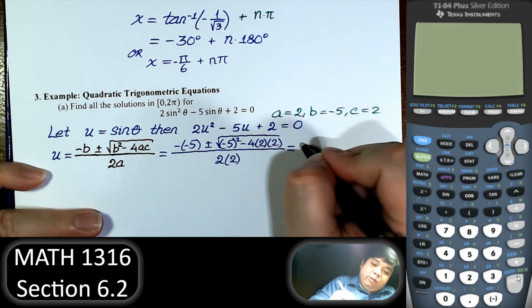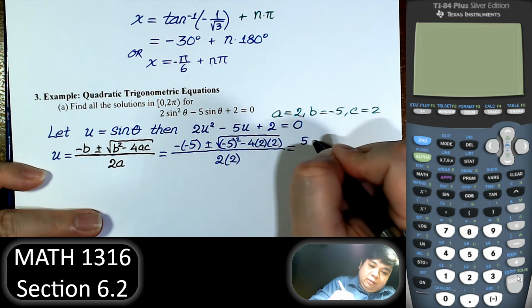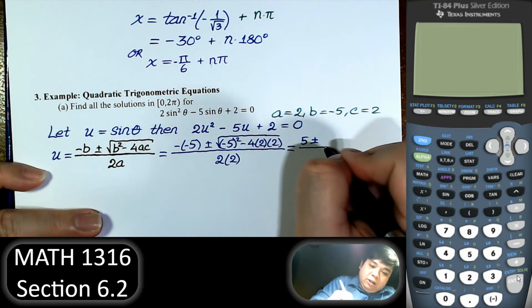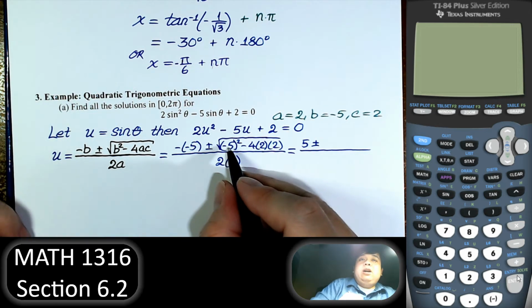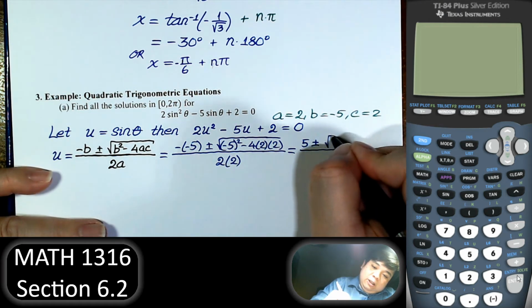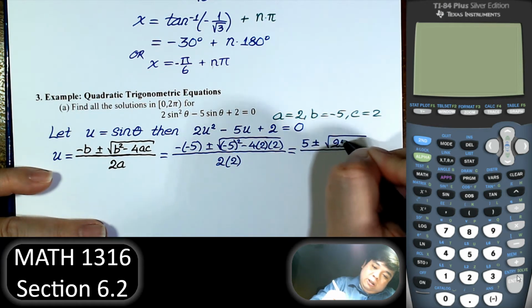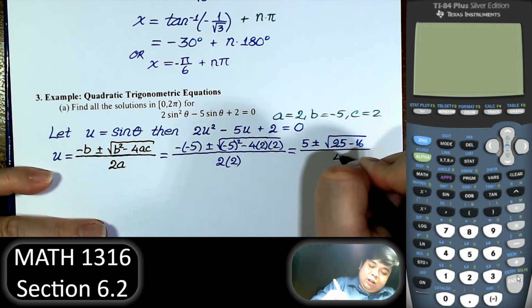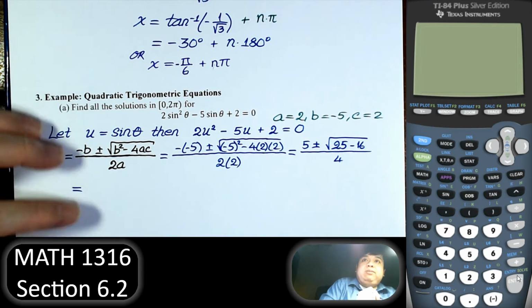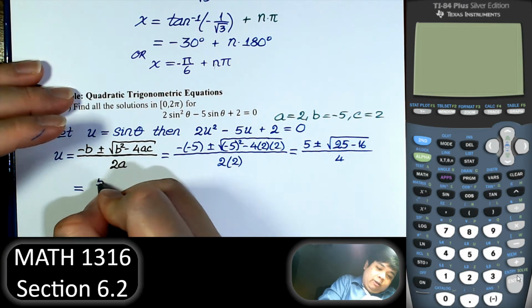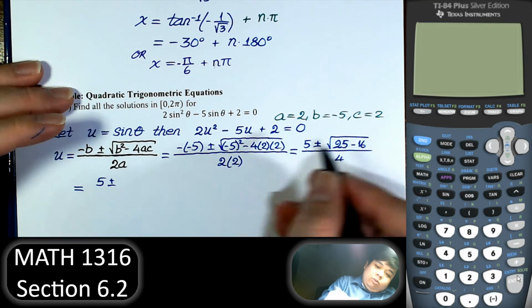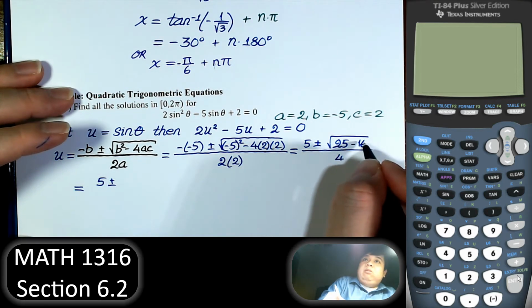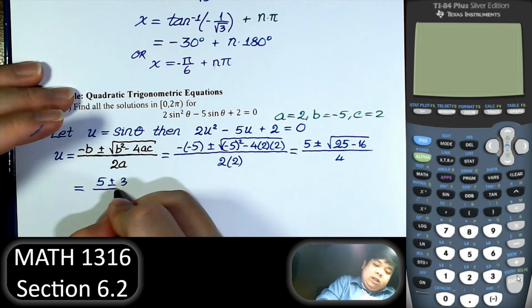Right, minus negative 5, that's a 5, plus or minus the square root of 5 squared is 25, minus 4 times 2 times 2, so 16. So we have 5 plus or minus the square root of 9, which is 3, divided by 4.